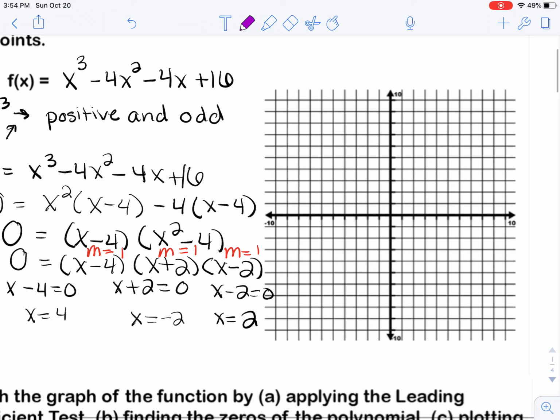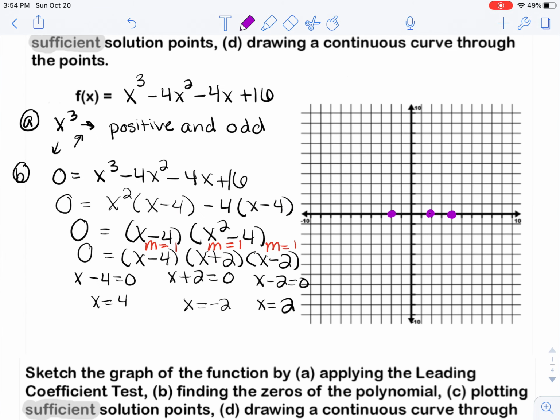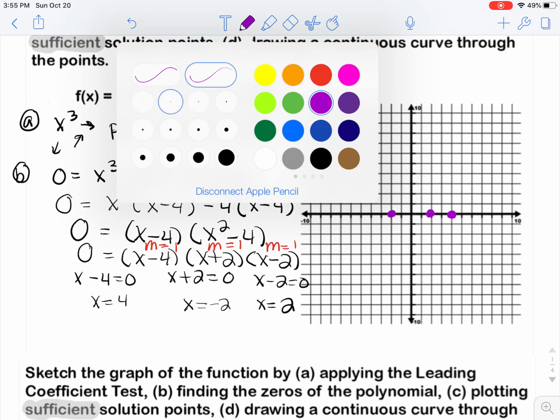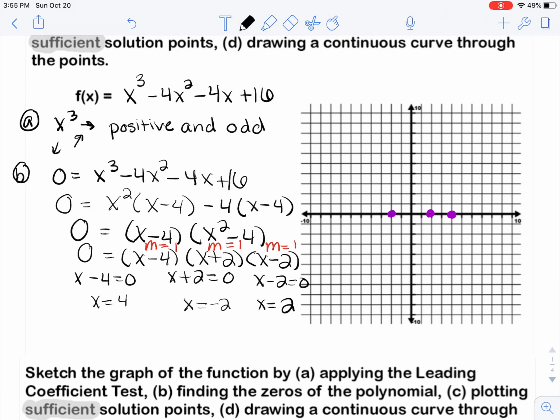Positive 4, negative 2, and positive 2. So that helps us build our graph because we know the end behavior and we know it's going to cross at these zeros. Next, we have to plot sufficient points.